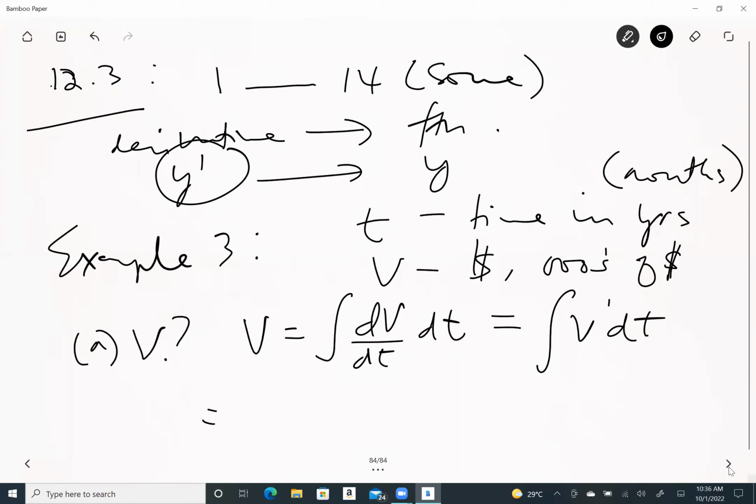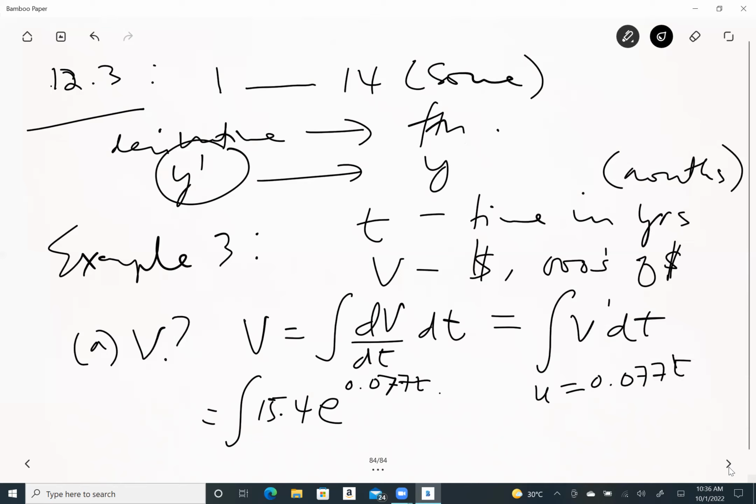That is equal to the integral of 15.4 e to the power of 0.077t. So how do you do this? You let u be equal to the power, u equals 0.077t.